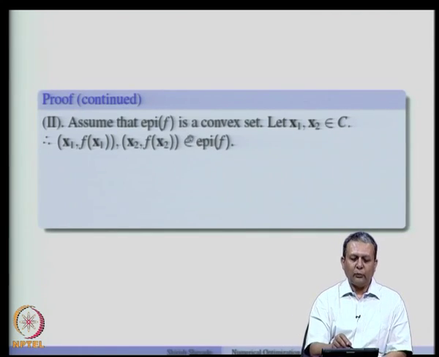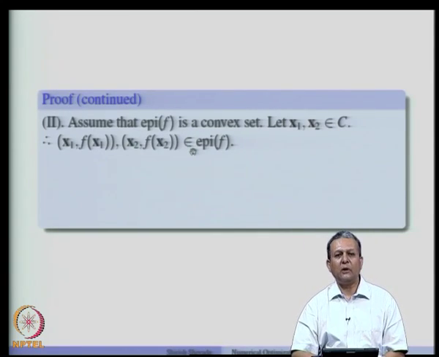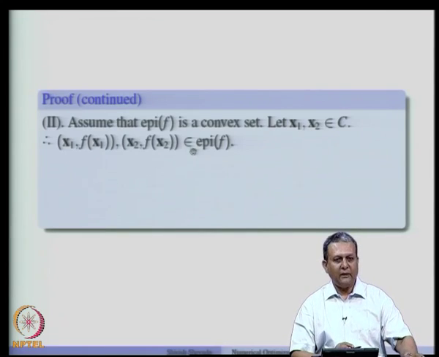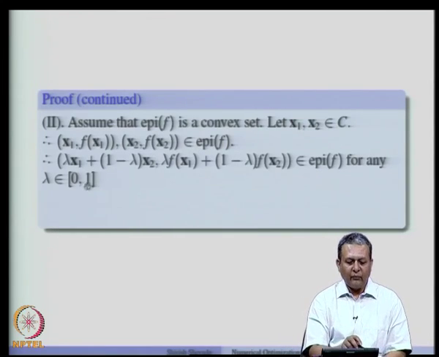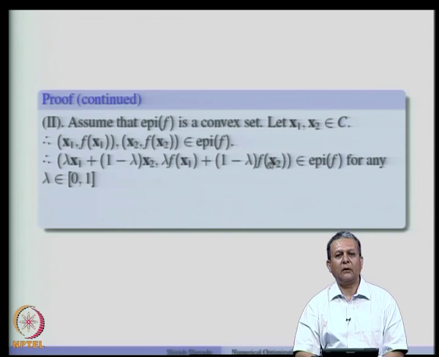Now, we have assumed that epigraph of F is a convex set. So, the line segment joining any 2 points in the epigraph always belongs to the set. So, by this we can say that lambda x1 plus 1 minus lambda x2 and lambda f x1 plus 1 minus lambda f x2 always belongs to the epigraph of F for any lambda in the closed interval 0 to 1.